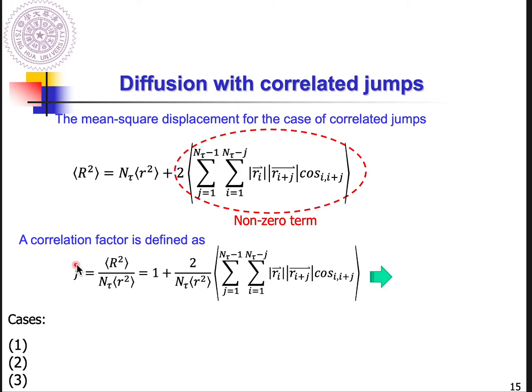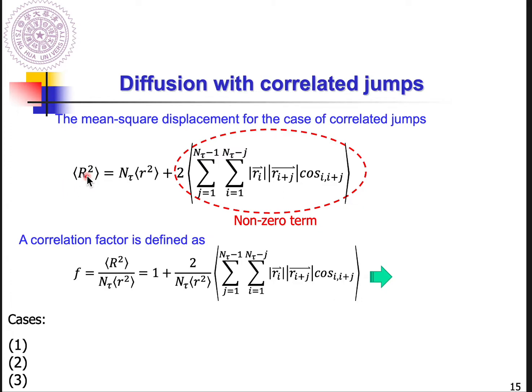Before that, we need to define a factor. We call it the correlation factor, because this factor defines the correlation between each jump. The correlation factor is defined as f, and you just directly divide this equation by nτ times the mean square jump distance.